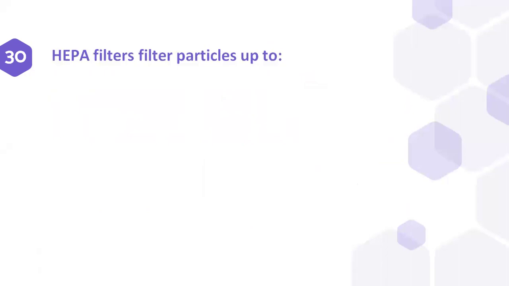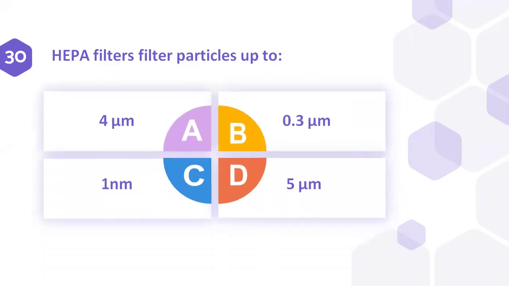Next, HEPA filter. So what is meant by HEPA filters? High efficiency particulate air. The high efficiency filters filter particles up to option A, 4 micrometer, option B, 0.3 micrometer, option C, 1 nanometer, option D, 5 micrometer.